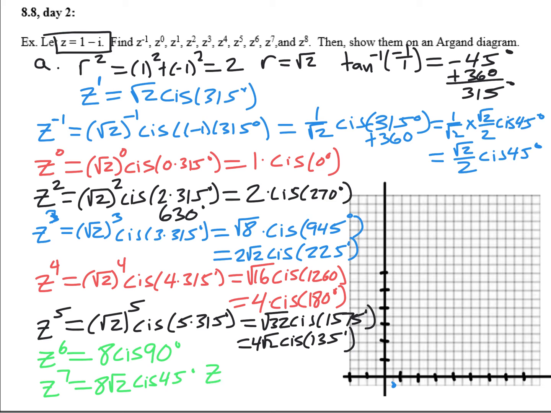And Z to the 8th, the final one it said to do, 16 CIS 0. Okay, no work for those, but see if you could. It's done the same way, right? You're using n equals 6, n equals 7, n equals 8. A little bit of simplifying to do to get back to your simplified answer for R and your final answer for theta, okay?